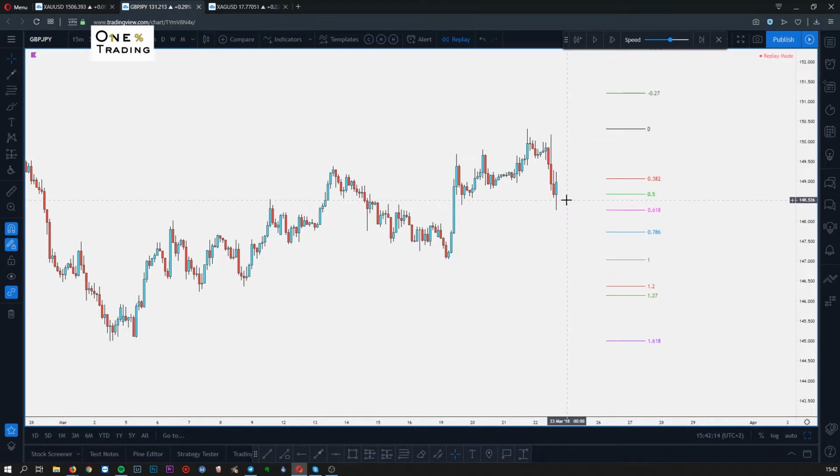You have a wick. Let's say this was very similar here, so A to B, and then here a pullback, and also the wick here. Same thing happens here, right? It was some kind of rejection of this level, which is now acting as support.